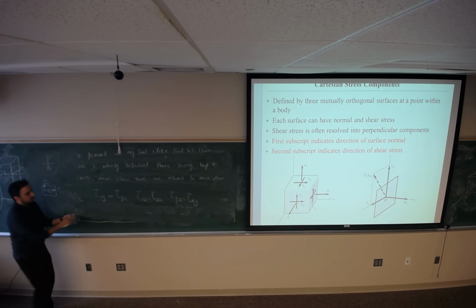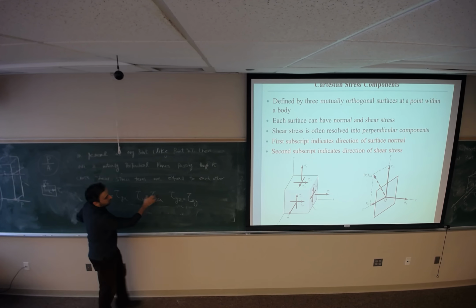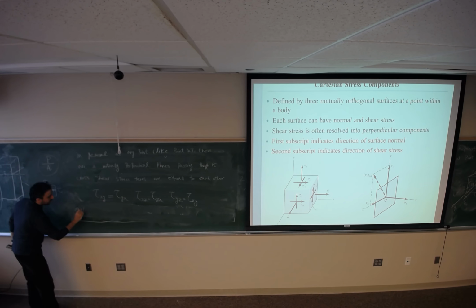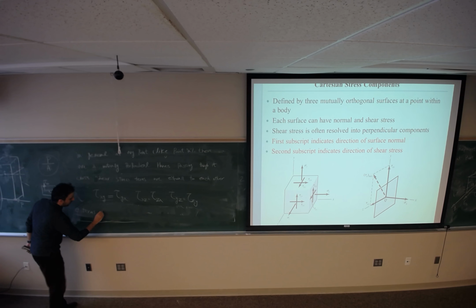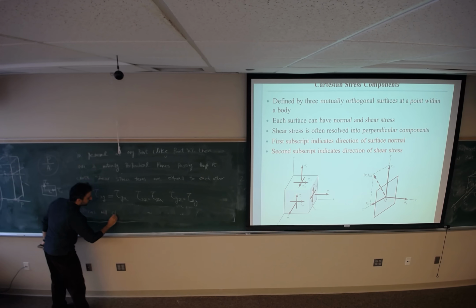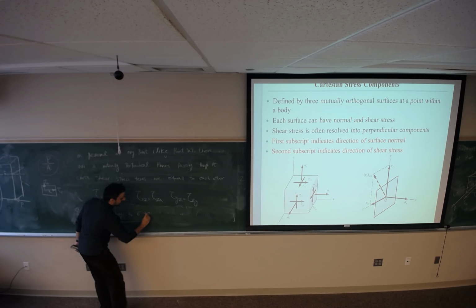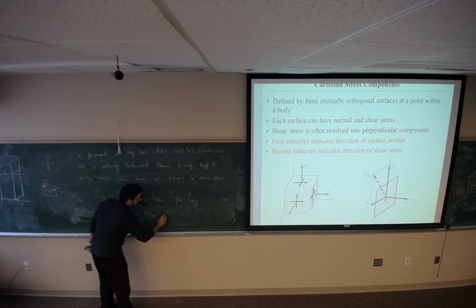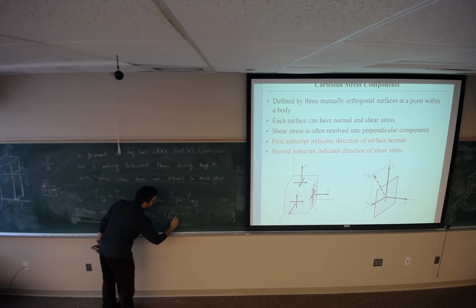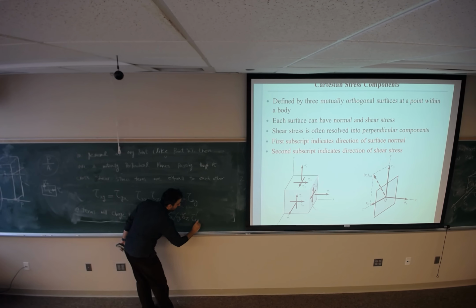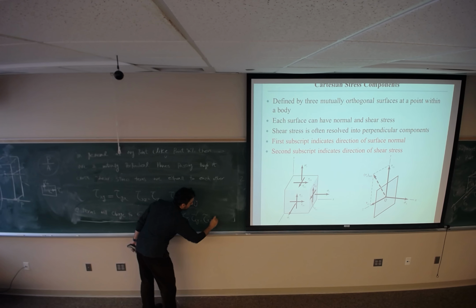These two are equal to each other, and these two are equal to each other. So 9 terms will change to 6 terms: sigma x, sigma y, sigma z, tau xy, tau xz, tau yz.